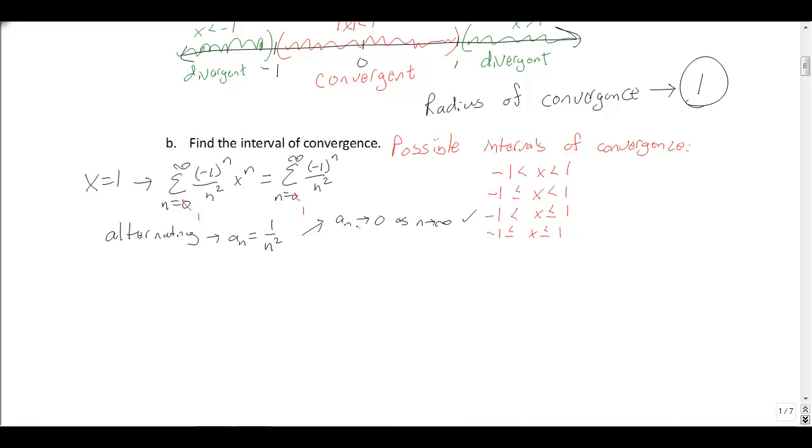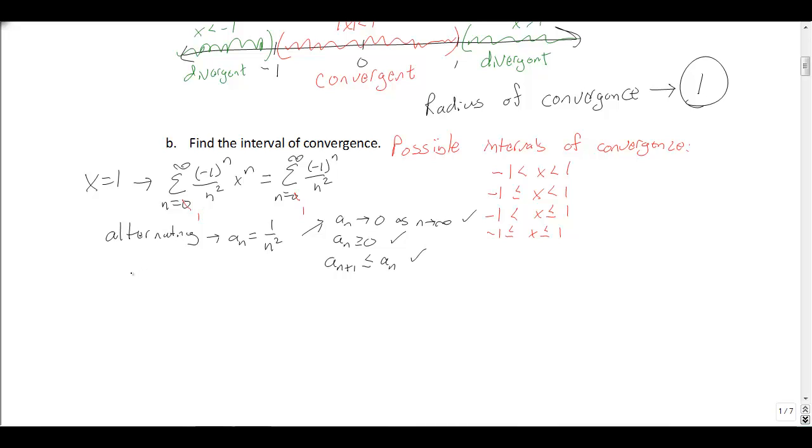So that's true. As n gets big, our a_n's go to 0. We need to make sure our a_n's are greater than or equal to 0. That's true. And we need to make sure if we increase our subscript, a_(n+1) is not bigger than a_n. Wrong way. Should be getting smaller. And that's true too. You put a bigger denominator, you get a smaller fraction. So that tells us that this converges.